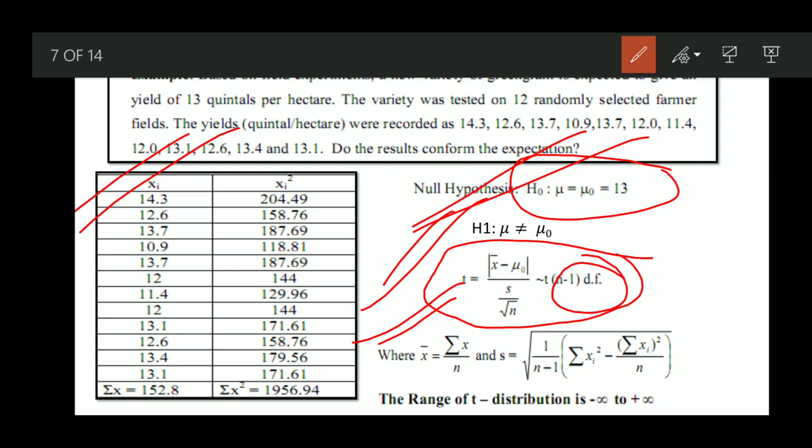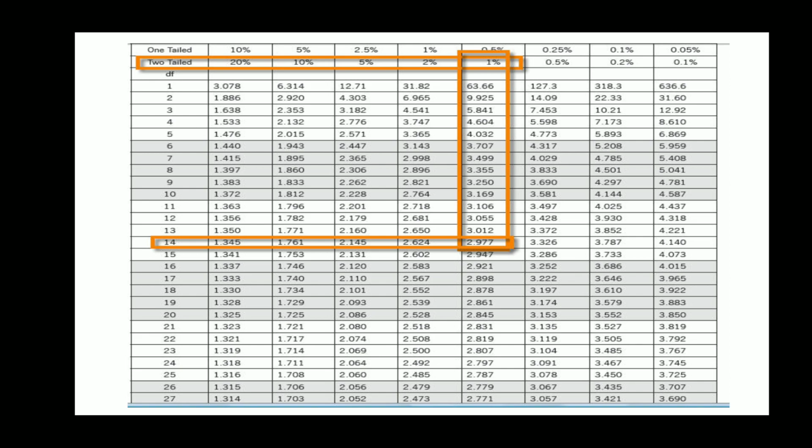I'm saying this is a two tail test because this is based on the alternative hypothesis, which shows mu is not equal to mu null, a non-directional or two-tailed alternative hypothesis. That means we have to refer to the two-tailed row.